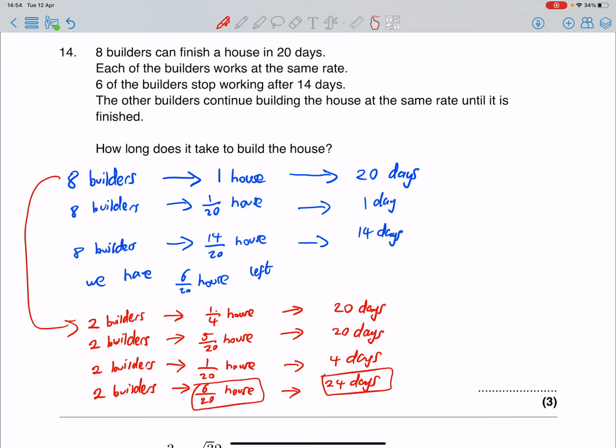So in total, we have 14 days plus the 24 days, giving us 38 days. So hopefully that logic there makes sense. Right, we'll leave it for this video and we'll continue with question 15 in the next video. Take care for now.